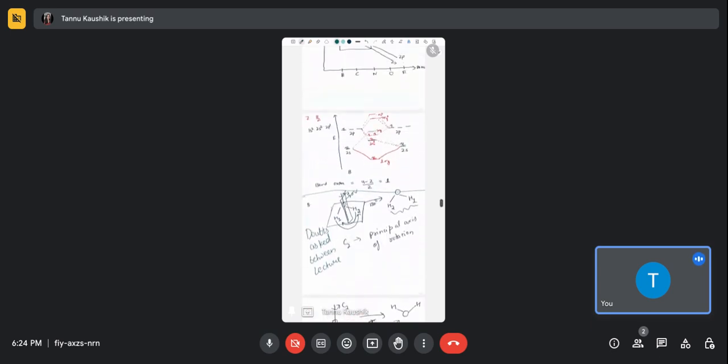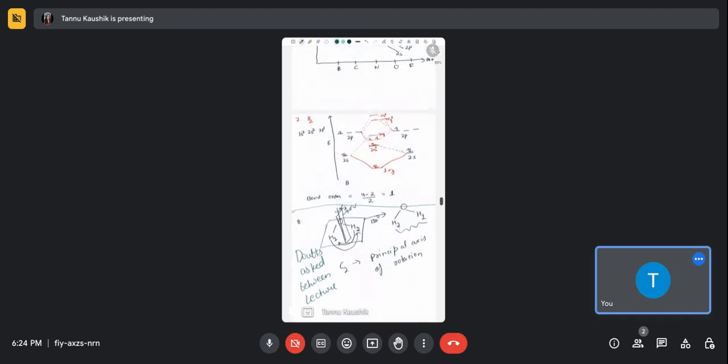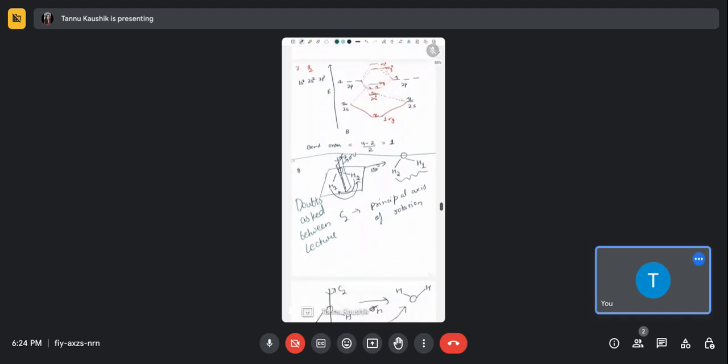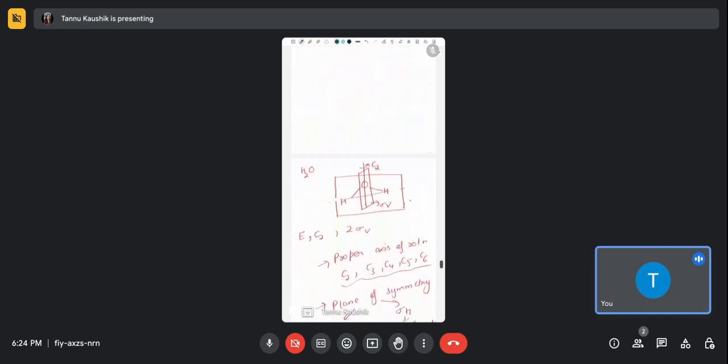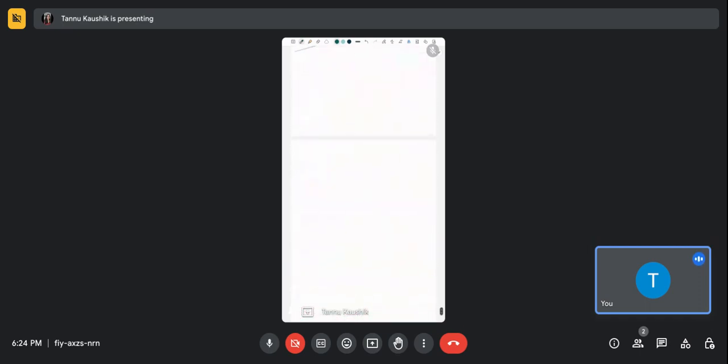Okay, so last we discussed the molecular orbital diagram of B2. Now I'm writing the molecular orbital diagram for nitrogen.